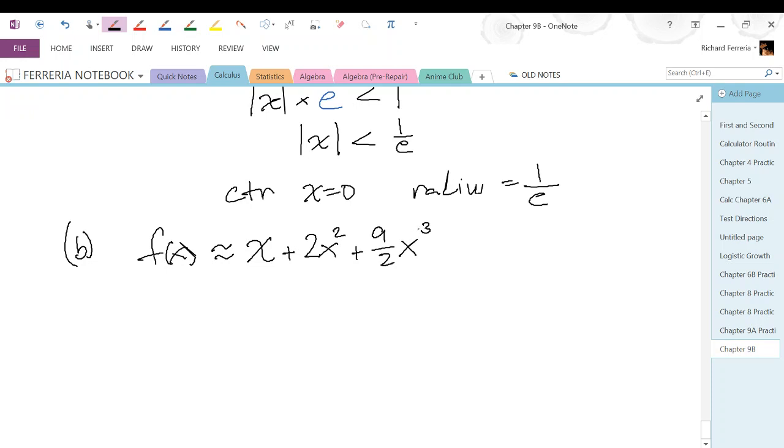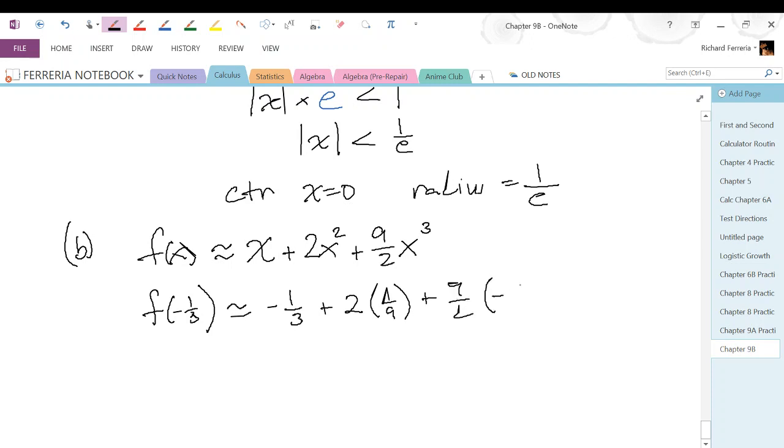So 27 over 6, 9 over 2. Yeah, 9 over 2. f of negative 1/3 then can be approximated by negative 1/3 plus 2 times 1/9 plus 9 halves of negative 1 over 27.